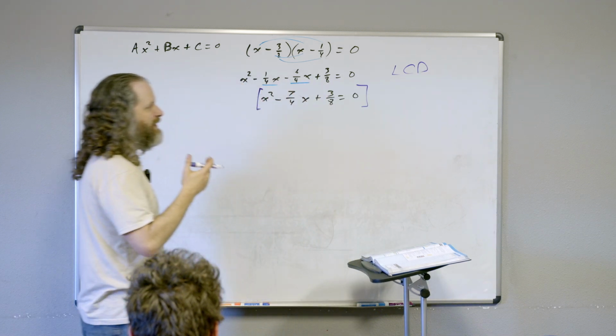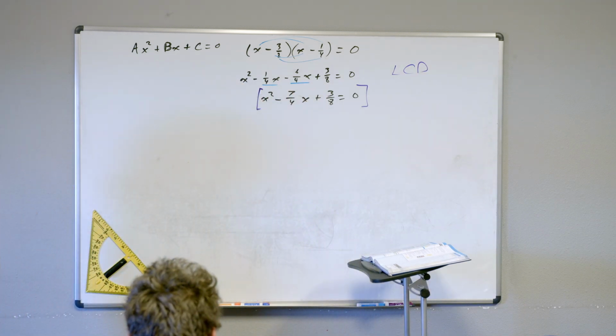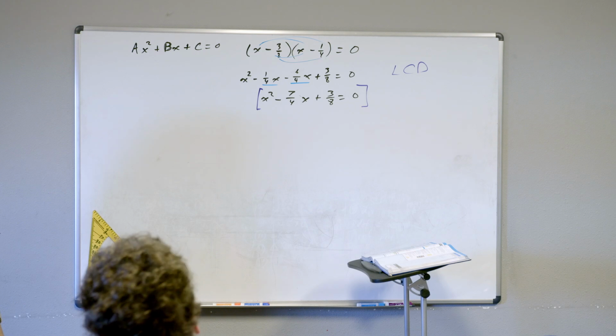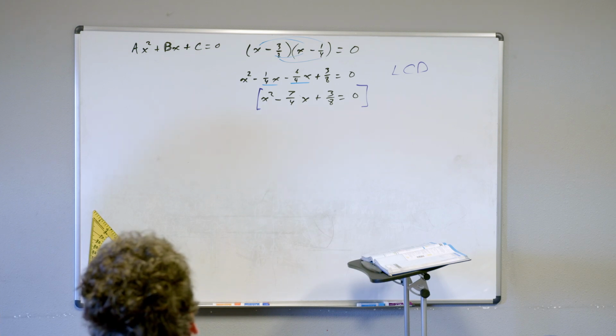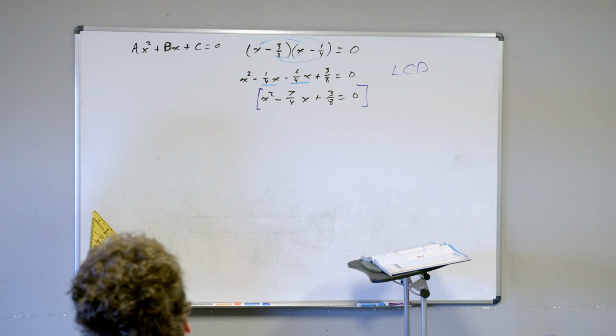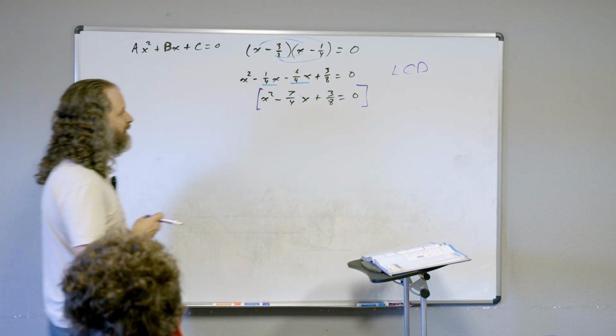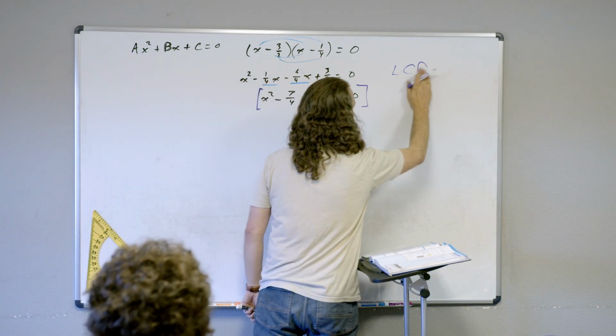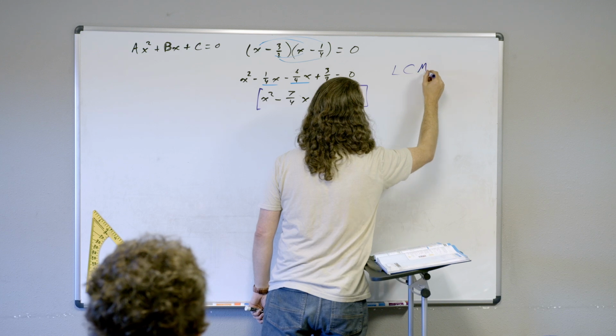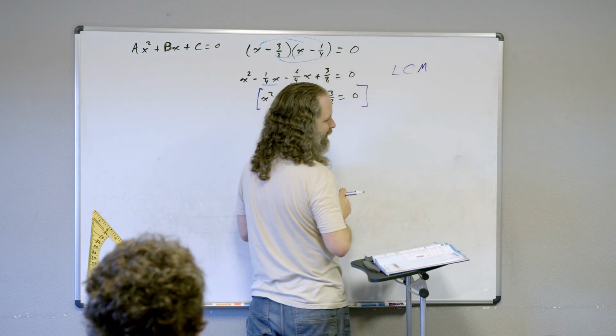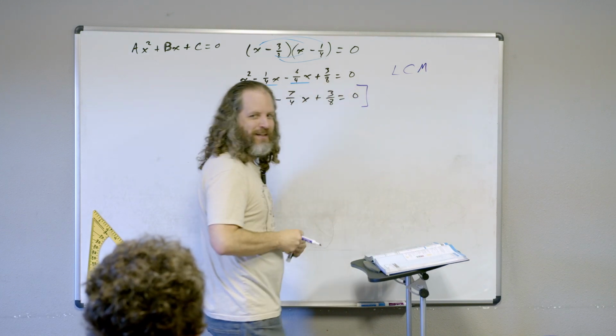In other words, the least common denominator, right? So what's the least common denominator? 4? Least common multiple. Multiple means bigger, the one that they multiply to get. Factor is the one that's inside of it.